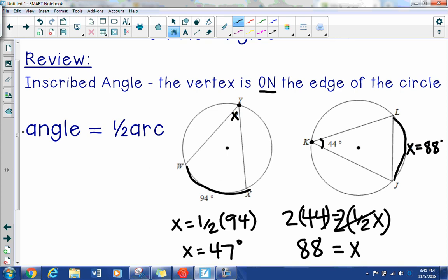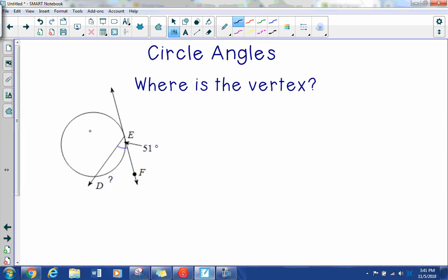Again, using the relationship that the angle is equal to 1/2 of the arc. Even if the inscribed angle doesn't look exactly like what you would expect, again, with angles and circles, you always ask, where is the vertex? In this case, the vertex is still on the edge of the circle. So I'm still going to treat it like an inscribed angle, meaning I do angle equals 1/2 of the arc.